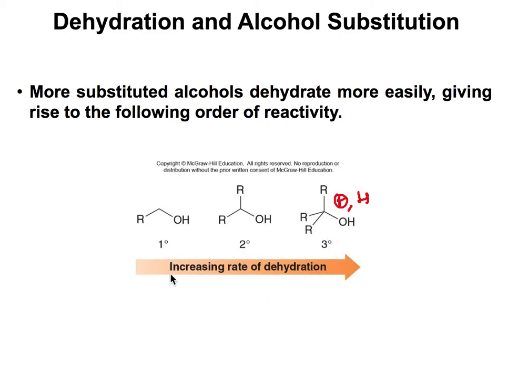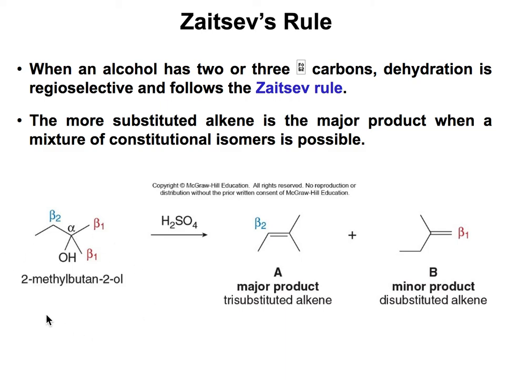As we go from a primary, secondary, to a tertiary alcohol, this gives us a more stable product, a more substituted alkene. That's why tertiary alcohols are the most reactive in eliminations in general. And this has to do with the Zaitsev rule.